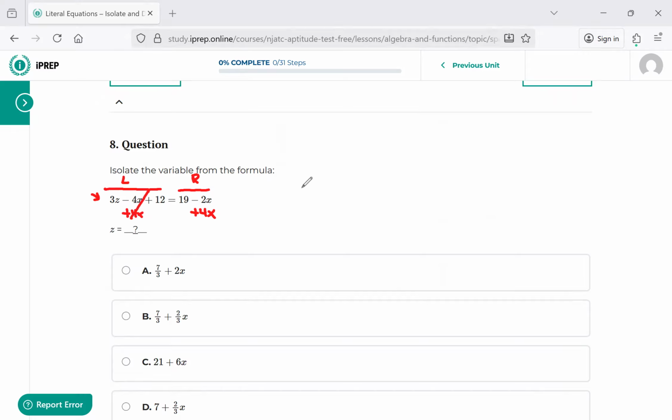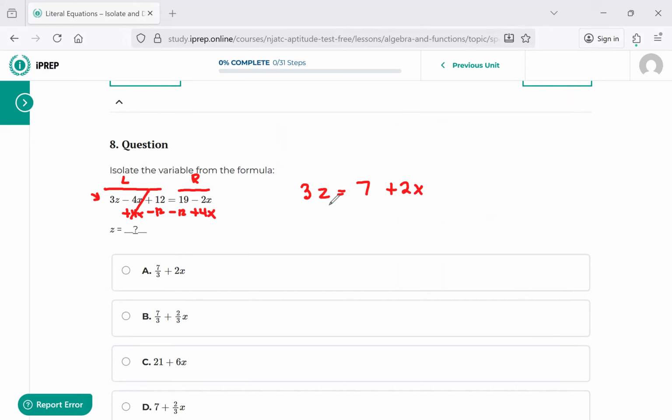And then just get rid of this 12 by subtracting 12. Okay, so you have 3z, and then you can combine the 19 and negative 12. What is 19 and negative 12? 7. And then what is negative 2x plus 4x? Positive 2x.